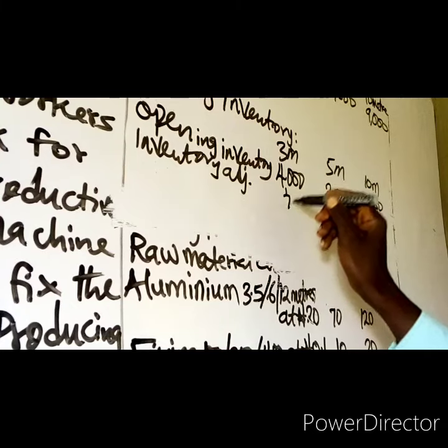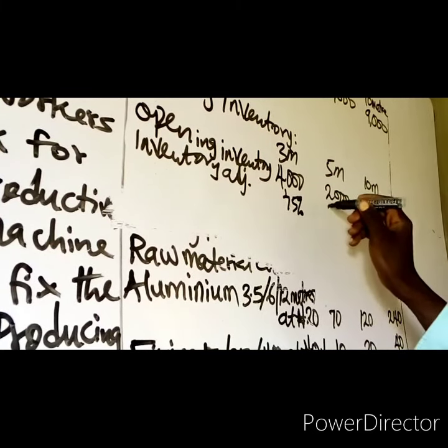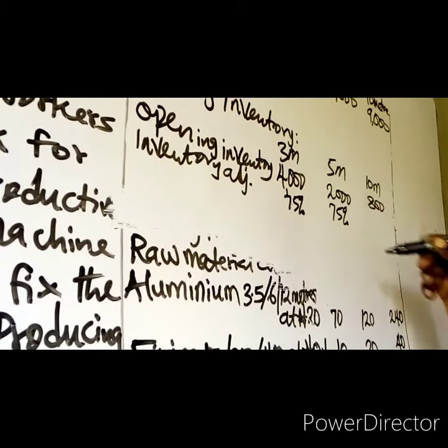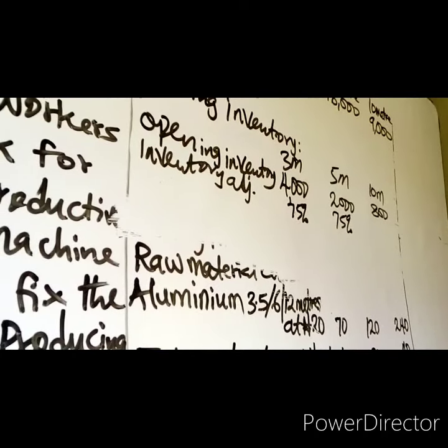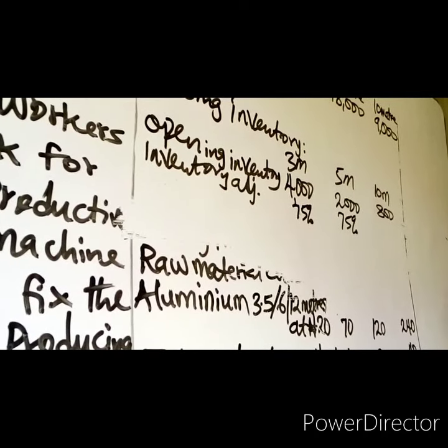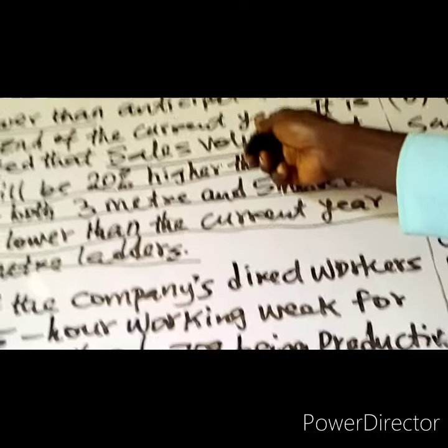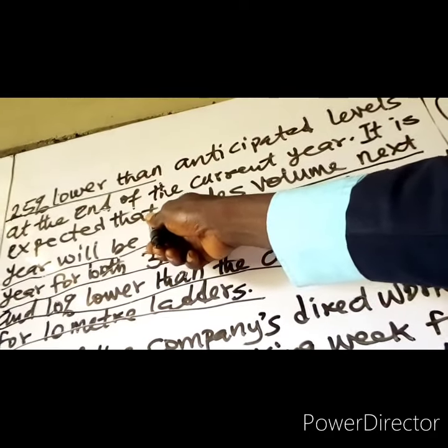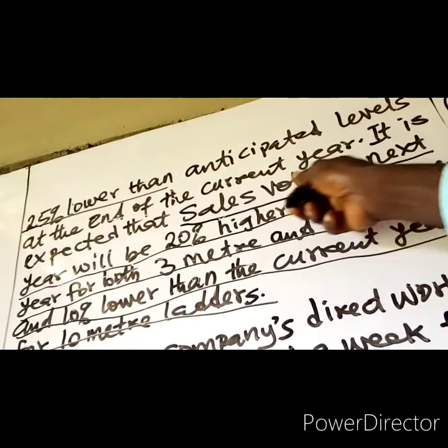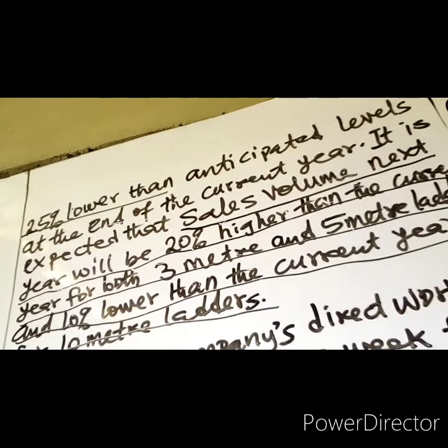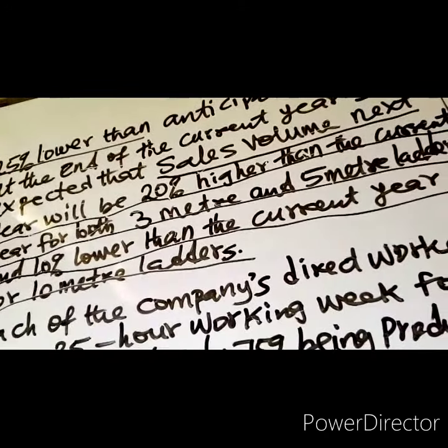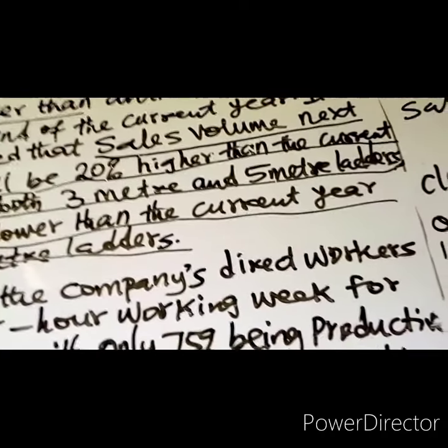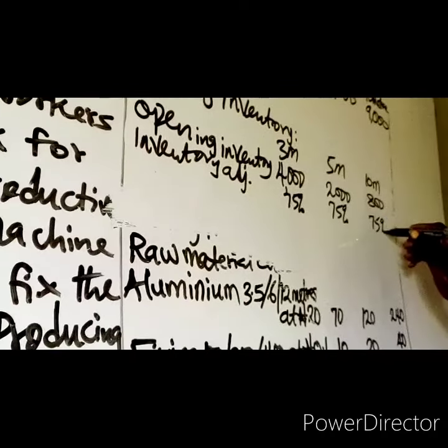Then this will be 75%. That is the inventory adjustment, 25% lower than the anticipated level at the end of the current year. So this one will be 75% again.